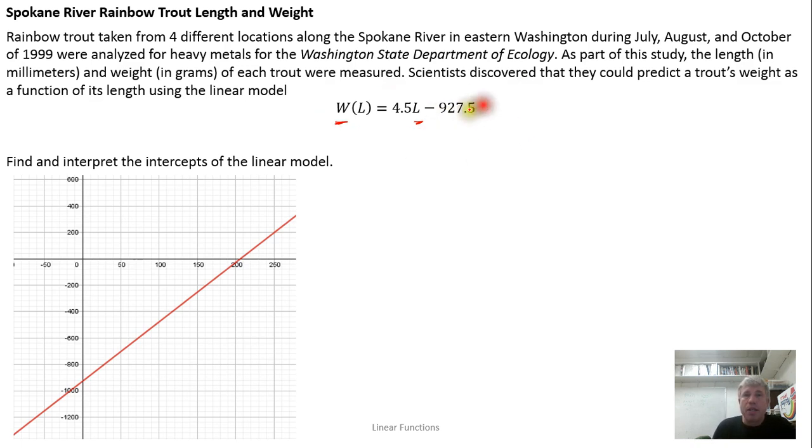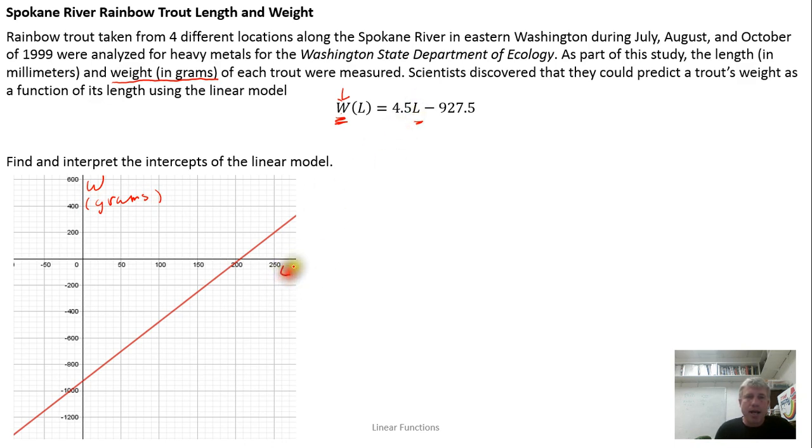So again, to find the intercepts, we want to recognize that the weight is measured in grams. If the weight in grams is the output, that's going to be the vertical axis. It's going to be weight in grams. And then length are the inputs.